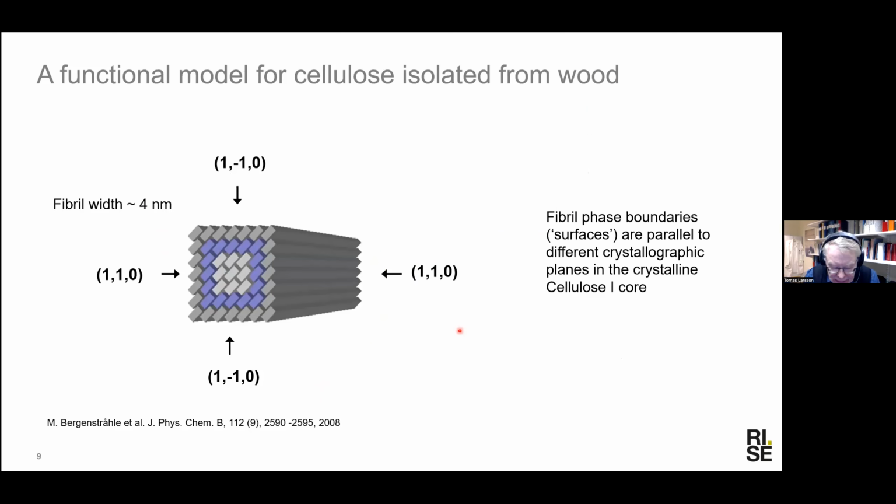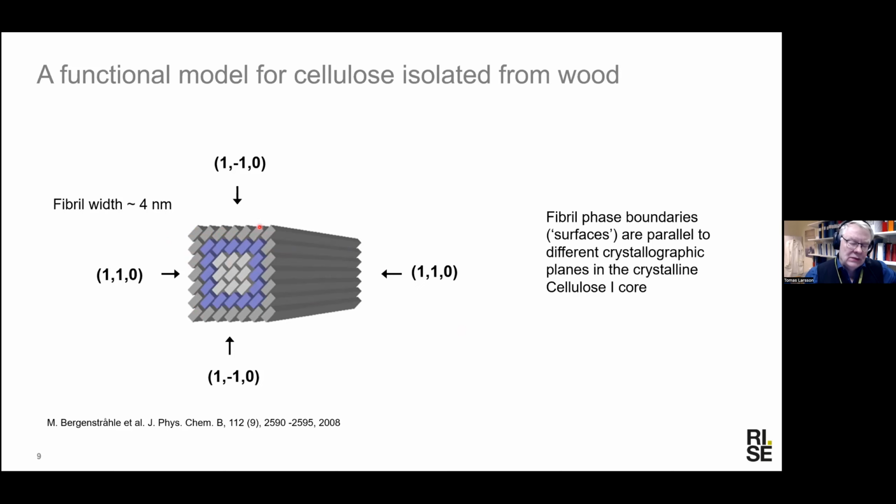And the model, the fibril model, this all boils down to, where the slanting ribbons here are, of course, the simplified polymers, is this. And I'll come back to this a couple of times during this presentation, but this is the typical fibril that you get when you isolate cellulose from wood. It's around 4 nanometers wide. It has a reasonably square cross section.